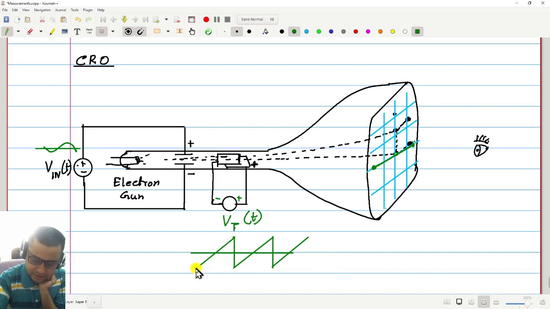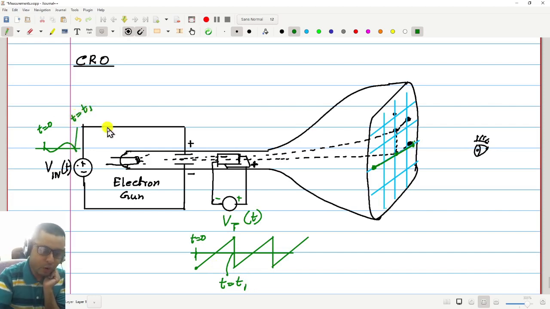Suppose at this instant of time, the horizontal voltage is extremely negative, so the beam will be on the leftmost position, and suppose this is time equal to 0, t equal to 0. Here also this is suppose t equal to 0. Suppose this point is say t equal to t1, and that point is here t equal to t1.